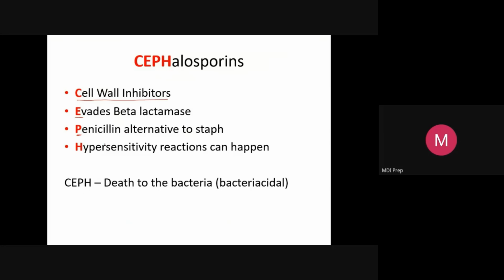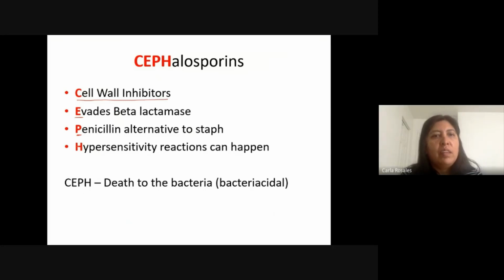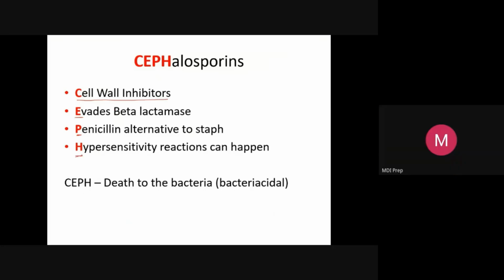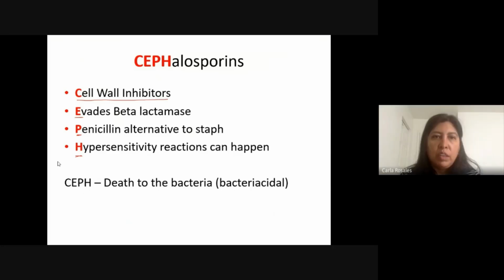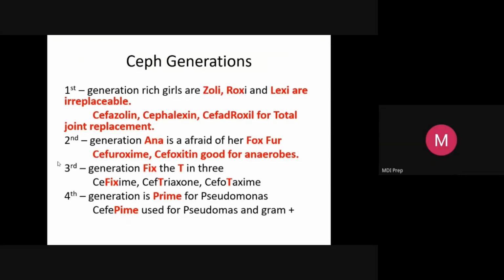Now, the H means you can also have hypersensitivity reactions. Same thing like penicillins. If somebody's allergic to a cephalosporin, you can't give them another cephalosporin. So that's the key for cephalosporins. Now, there are more than 4 generations now.